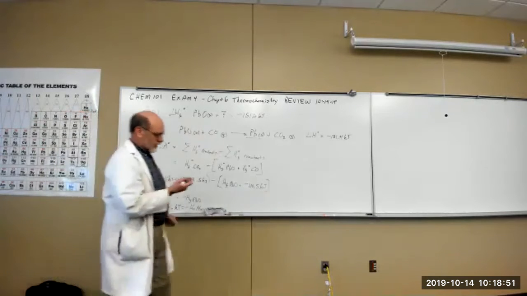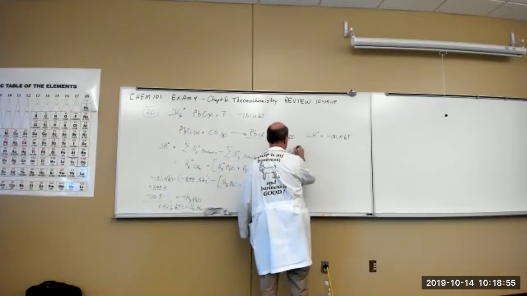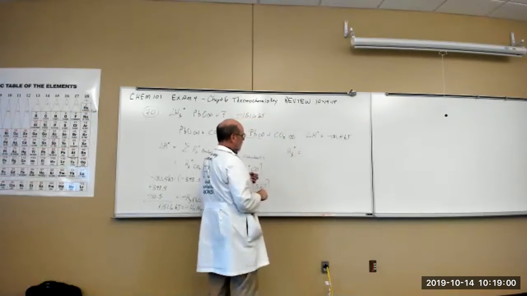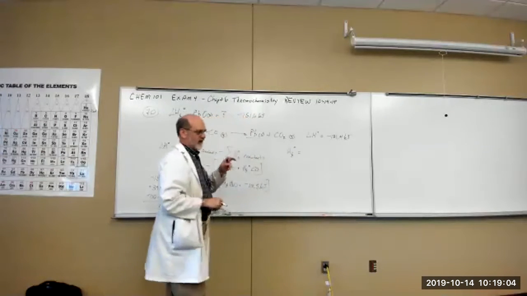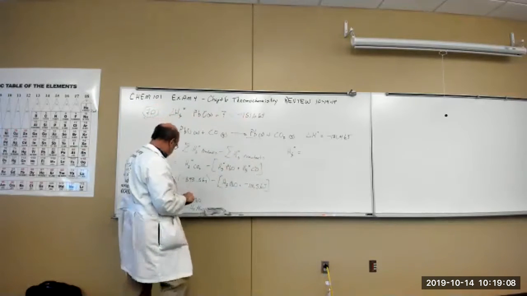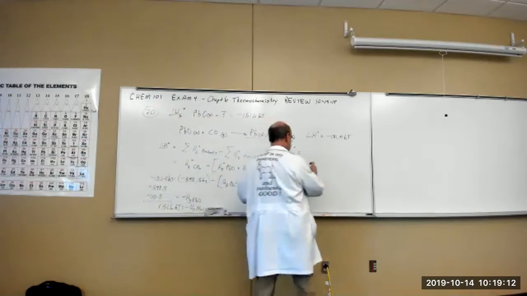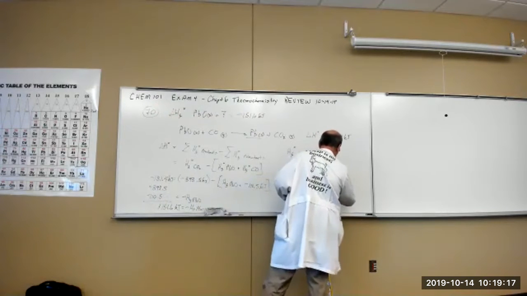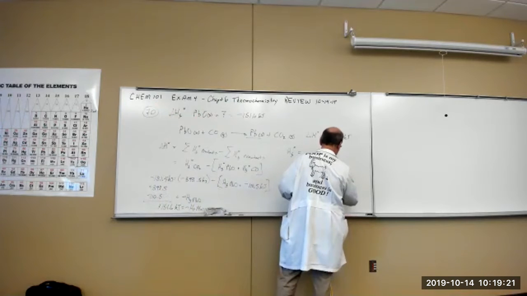So let me just reiterate. What do we mean by heat of formation? Standard heat of formation of anything is determined based upon 1 mole of the compound, right? So if we were to say PbO, what does that mean? We've got the heat of formation for PbO, but what does it mean? Well, we end up with PbO under standard conditions, which is a solid.